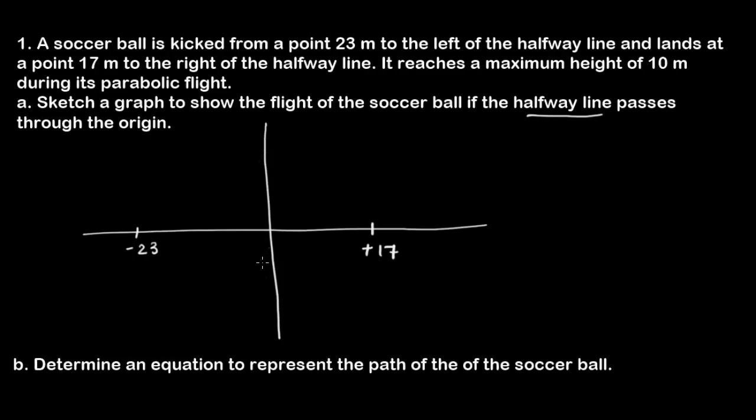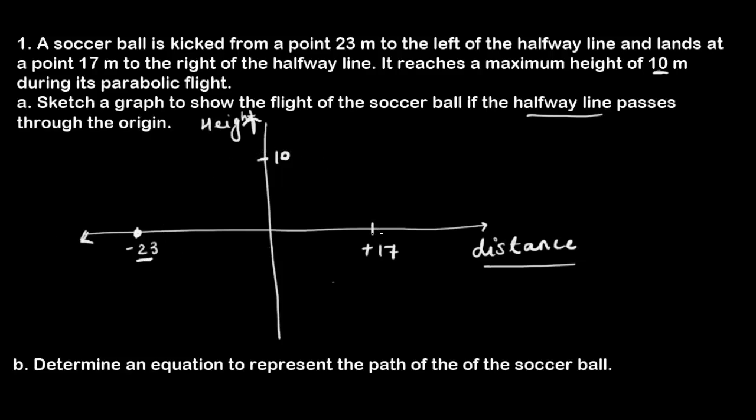Now the next part of the question says that it reaches a maximum height of 10 meters during its parabolic flight. So we know the maximum height, but we don't know where it is going to reach its maximum height. If the x-axis represents the distance and the y-axis represents the height of the soccer ball, and let's say 10 meters is here, then it is very clear from the question that when the soccer ball is kicked from 23 meters to the left of the halfway line, that means at negative 23, the soccer ball is on the ground.